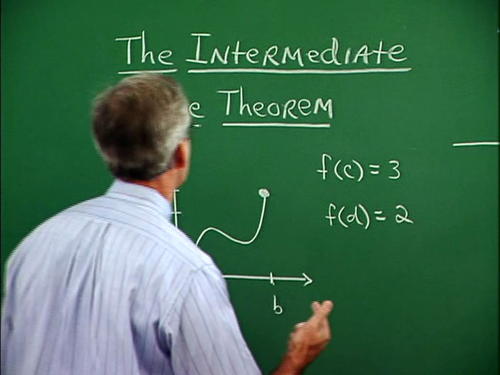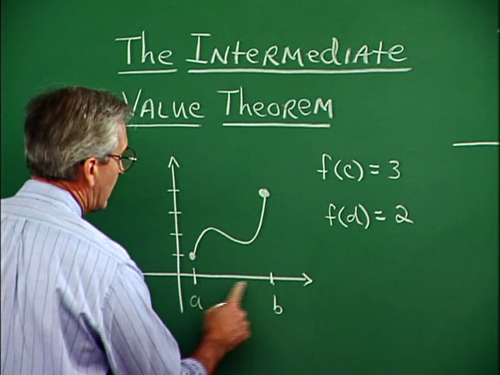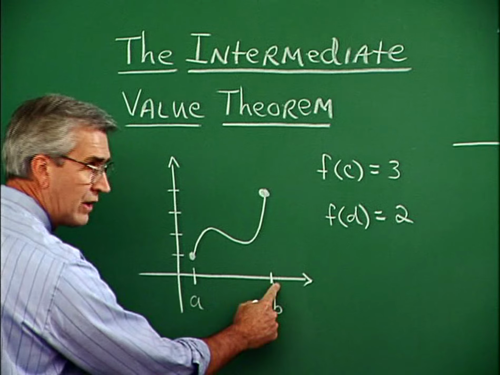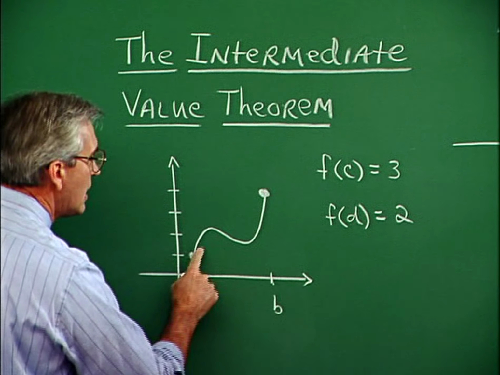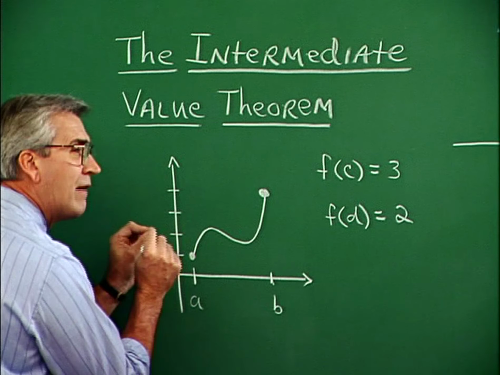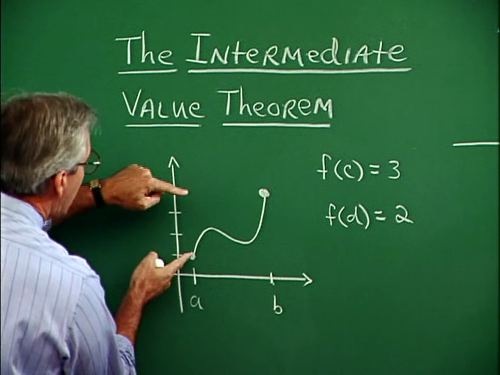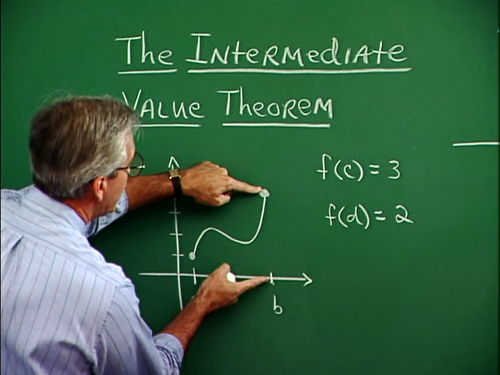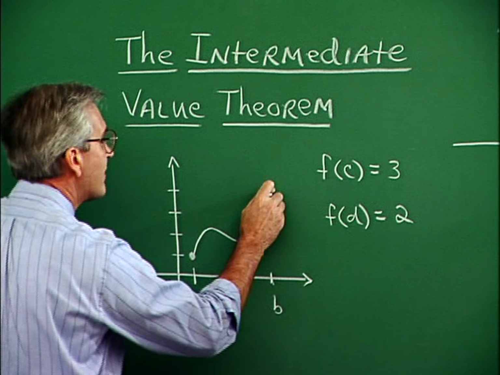If we have a closed interval over which the function is continuous, then f of x takes on every value between f of a and f of b. Here's f of a, here's f of b.